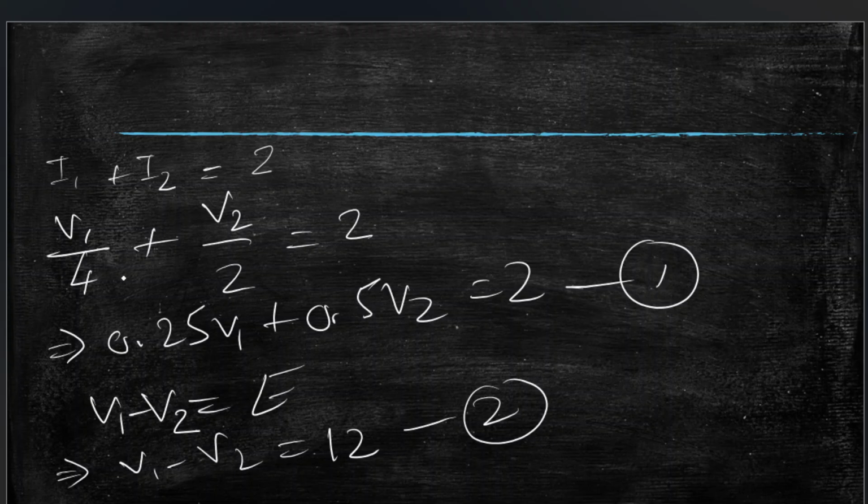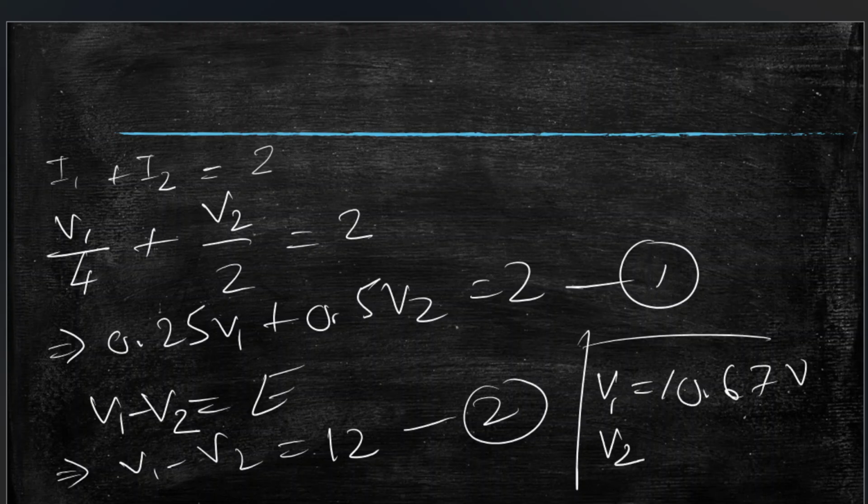Okay, so now we have the answers. I'll write them here. So V1 is equal to 10.67 volts, and V2 is equal to minus 1.33 volts.